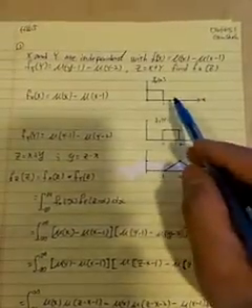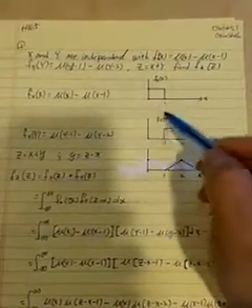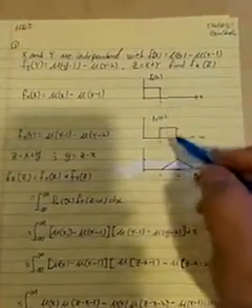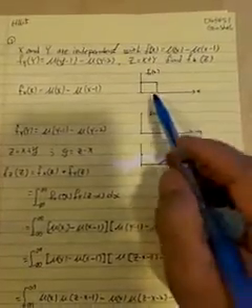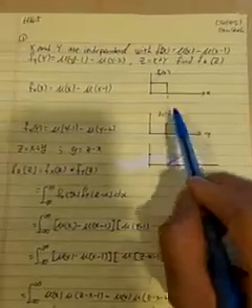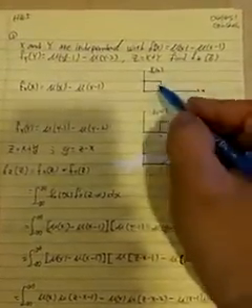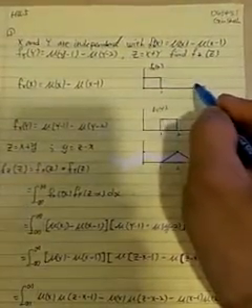So we need to convolve these two, and in geometry it goes like this. We fix this one, not moving, and we move f of x toward this way.